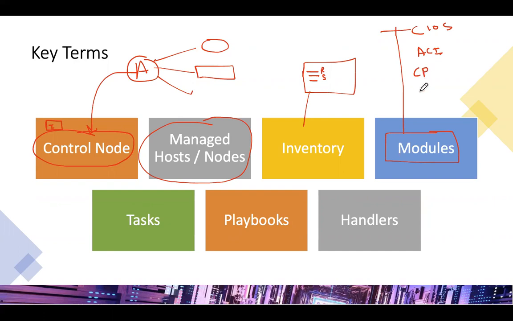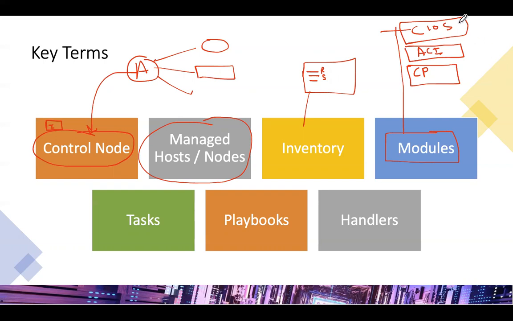So these are the modules, which means that we can run or automate devices from this category. We can automate a Checkpoint firewall, Cisco ACI switches, and Cisco IOS based routers or switches.